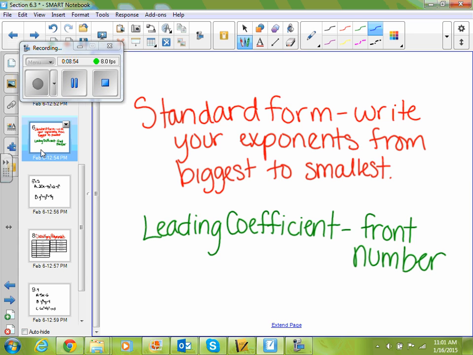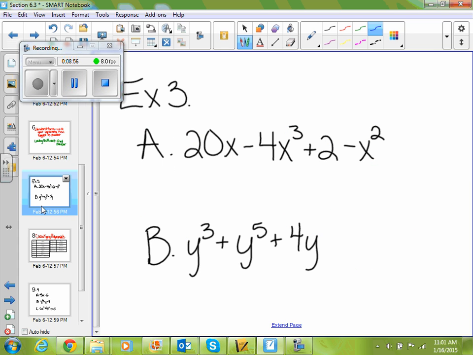Alright, hopefully everybody has those notes. So if I look at example 3, A, I've got 20x minus 4x cubed plus 2 minus x squared. Okay, so I want to write this in standard form.